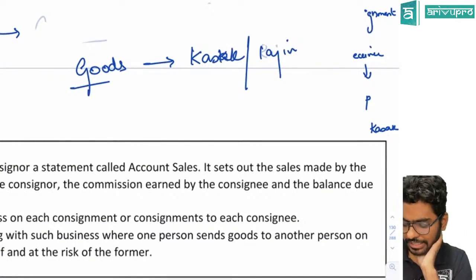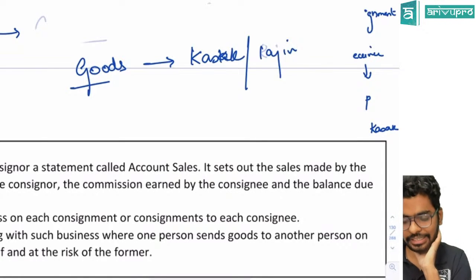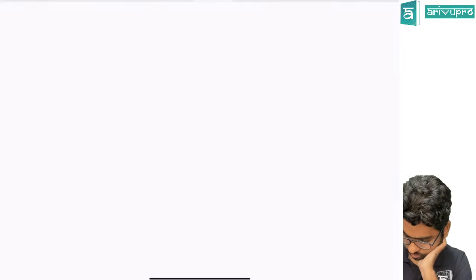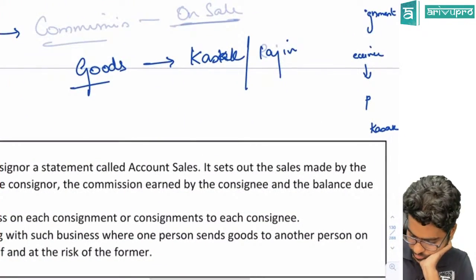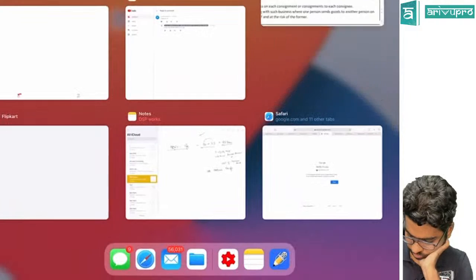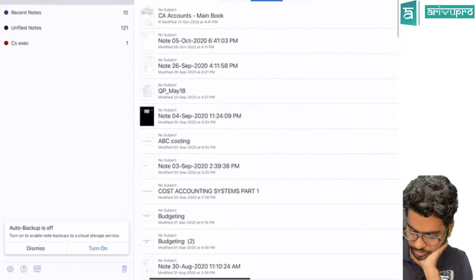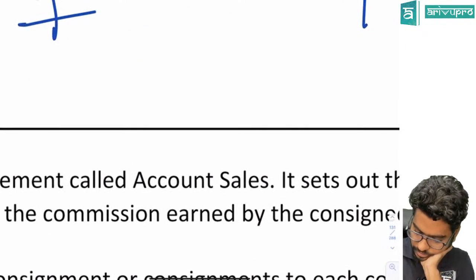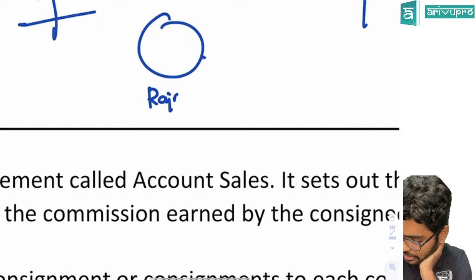One thing which gets a little complicated in a consignment account is basically, see, let's say Rajiv sends goods to Kasak.